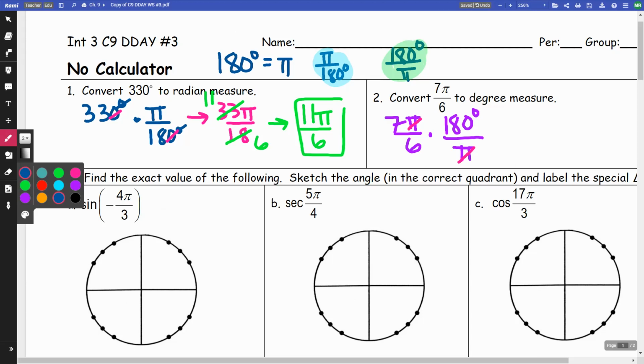And actually 6 goes into 180 30 times. So I get 30 degrees, so I'm going to end up with 210 degrees. And again, if you're looking at the unit circle, just using this as a reference, 210 degrees is here on my unit circle, which is the same as 7 pi over 6.